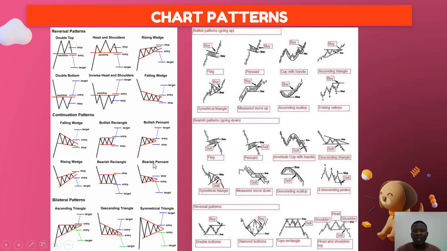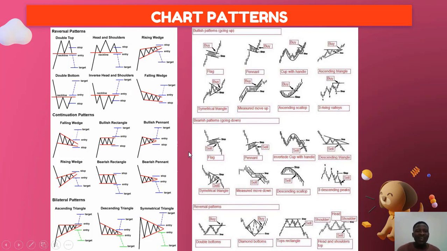So when trading using chart pattern structures as a trader, you should ensure you look out for chart patterns, because the formation of a chart pattern, be it bearish or bullish, has an implication on the direction of the market.